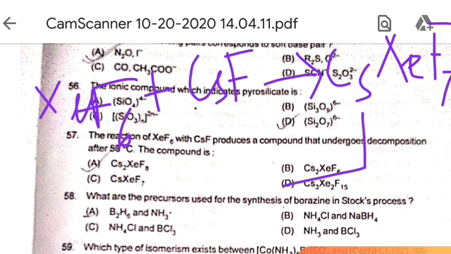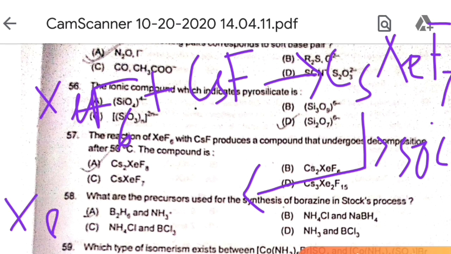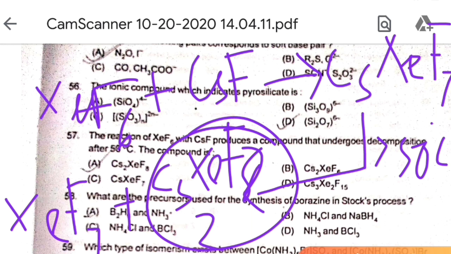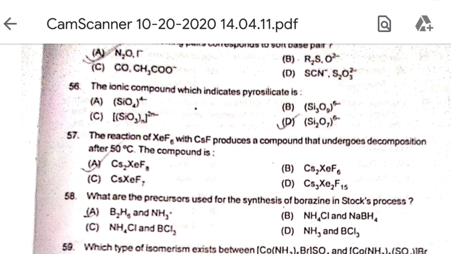If you are heating above 50 degrees centigrade, then you will actually get HCF7 plus CH2XeF8. Okay, and this is colorless. So the correct answer for this particular question is A, 57A.